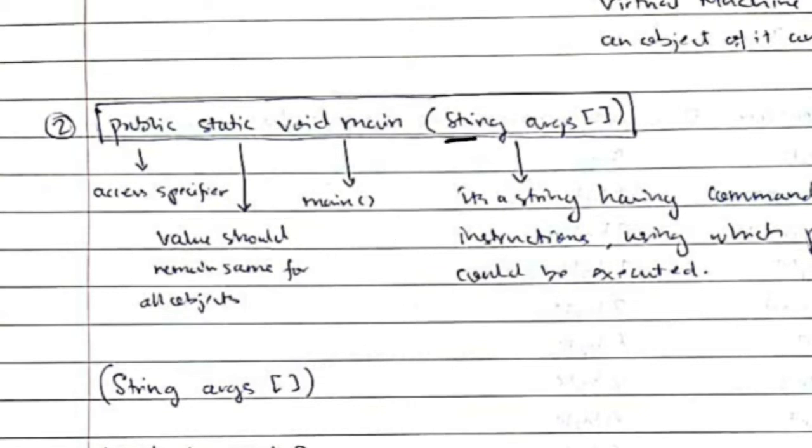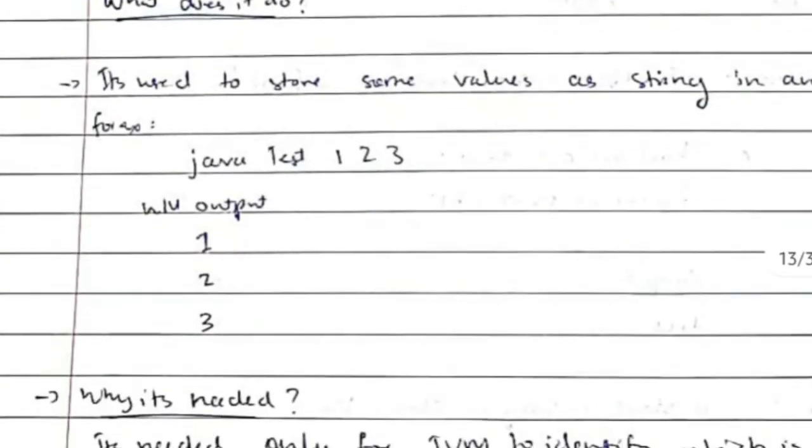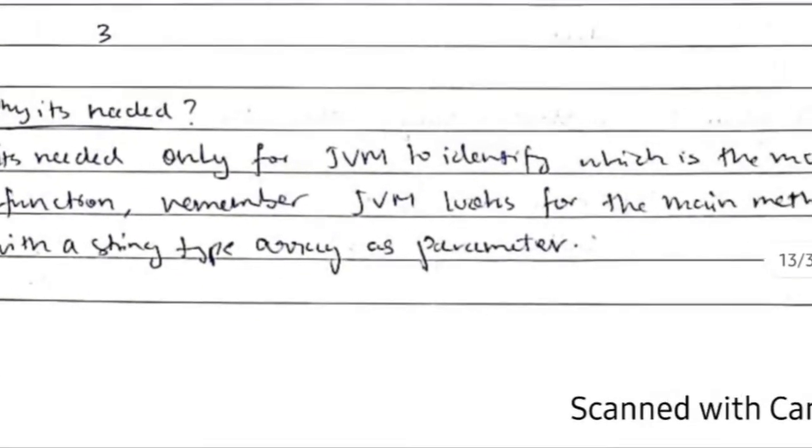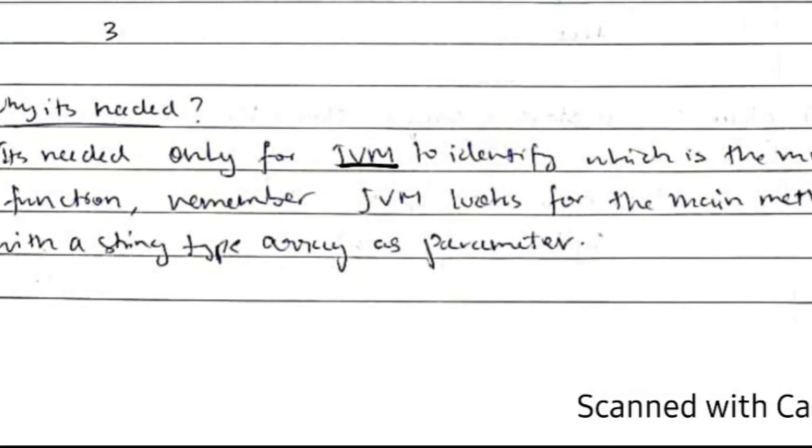And then the argument is string args. What does it do? It basically stores the values we enter here in this array. So what is the use of storing this in the array? Actually the use is not for storing, it's for the JVM, the Java virtual machine, to identify which is the main function. Remember, Java looks for the main method with a string type array as a parameter.